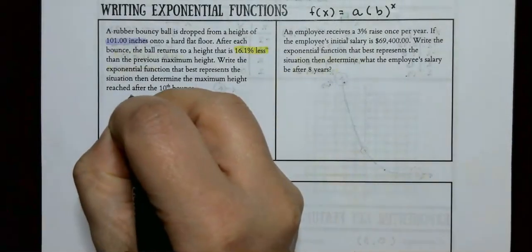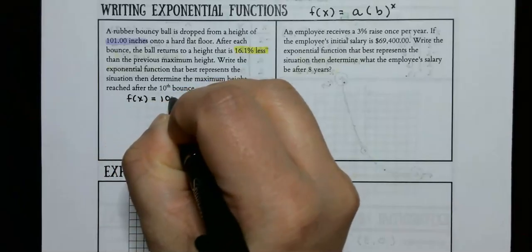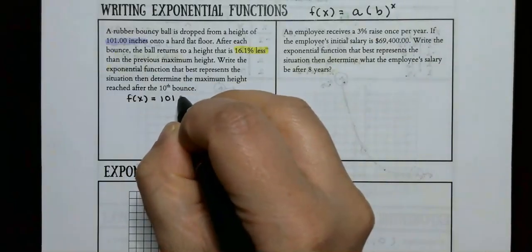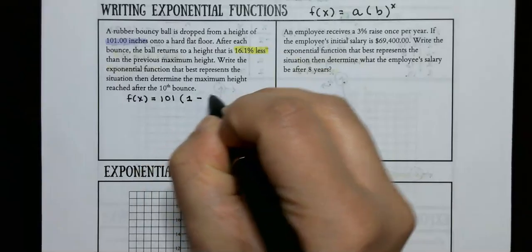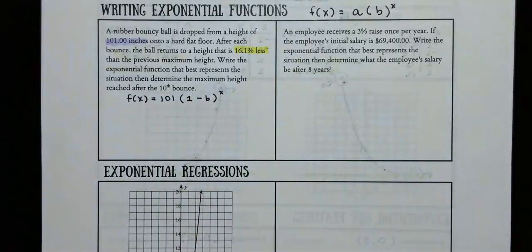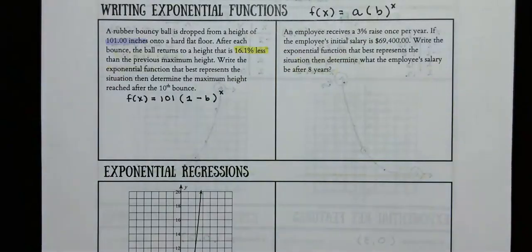For that, we're going to say f of x is equal to 101, that's our a, times 1 minus b to the x power. The reason I put the b here is because our b is given to us as a percentage, and we need to change it to a decimal. So we have to move our decimal 2 spaces to the left. I'm going to show you 2 ways to do this.